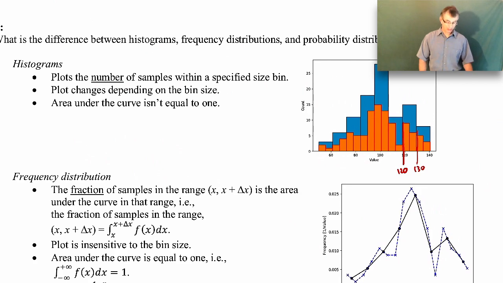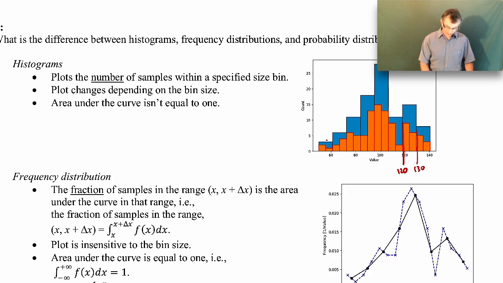So that's what a histogram gives you. Now, what you'll notice in this plot is that I've done the histogram using one bin size that corresponds to the blue here. Those have a value of 10 in terms of the bin size width. And then I did it again in this orange histogram where the bin size is half the size. So the bin size there is 5 instead of 10.